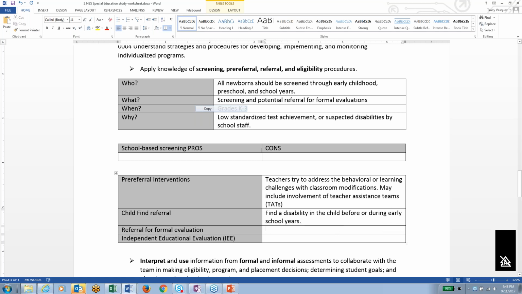And a referral for formal evaluation. Leisha? Referral for formal evaluation. Yes, what is that? It's a process of determining eligibility for special education.